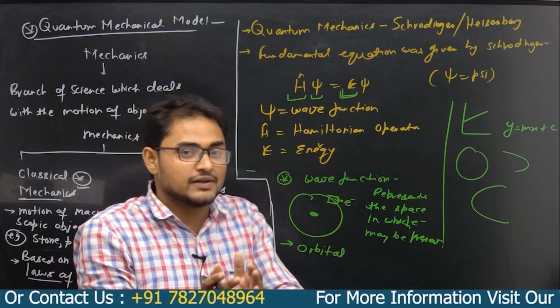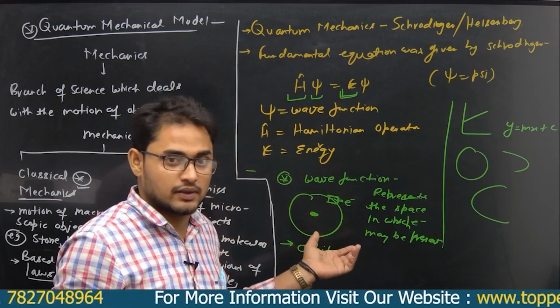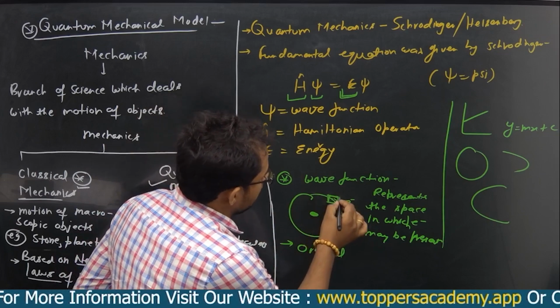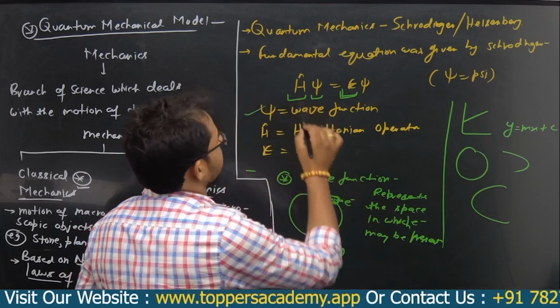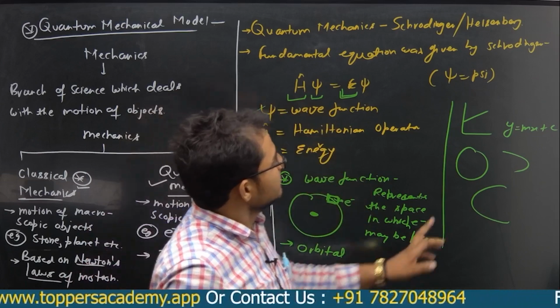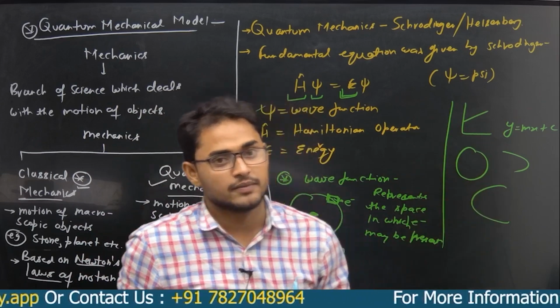You can say that it is the house of an electron, in which the electron may be present, right? So the structure of this house is represented mathematically by this wave function. I have said that every structure can be shown by a mathematical representation.